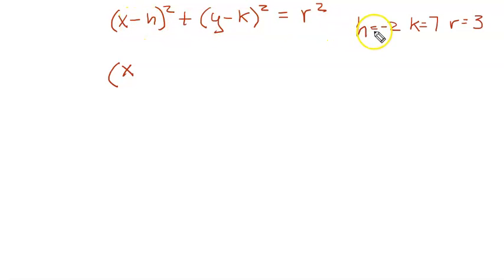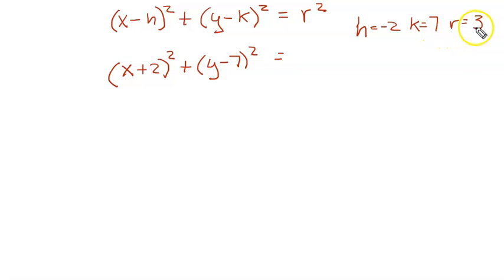Minus h. So minus a -2 will make this a +2. That's squared. And plus y. Now our k value is 7. So the negative in the formula makes this a -7.